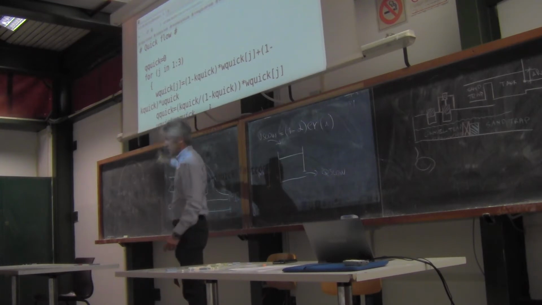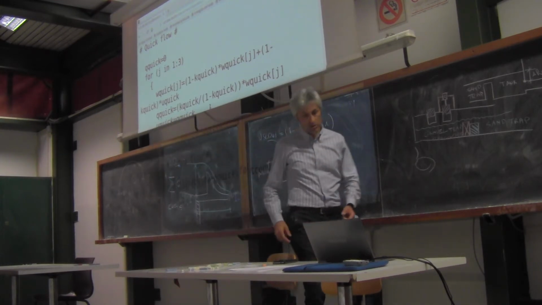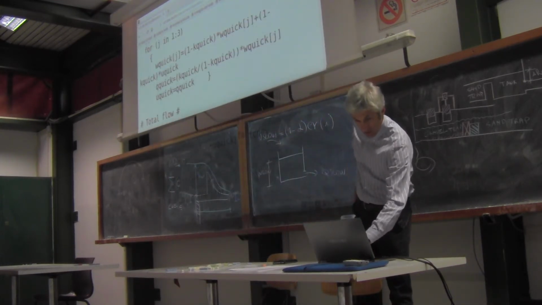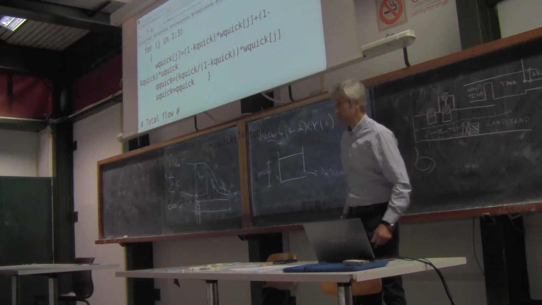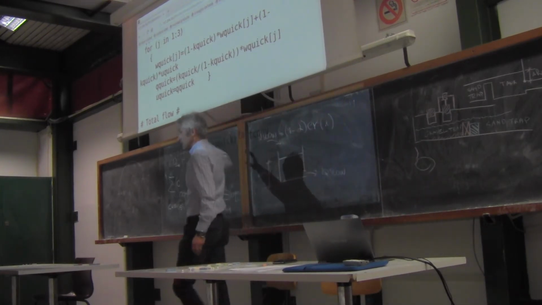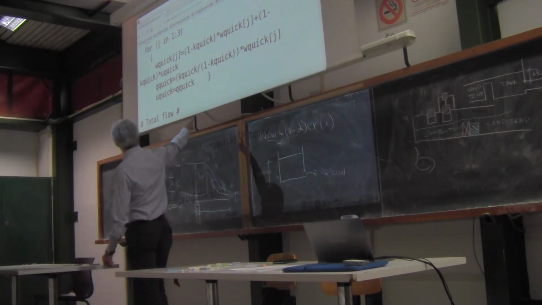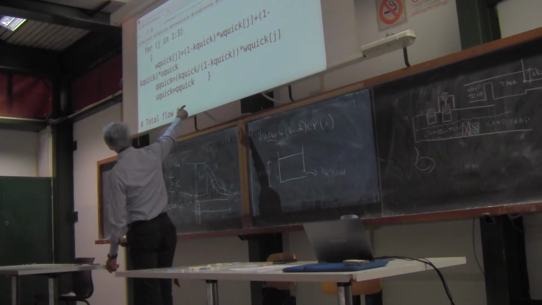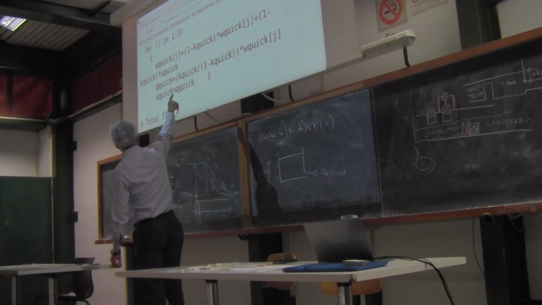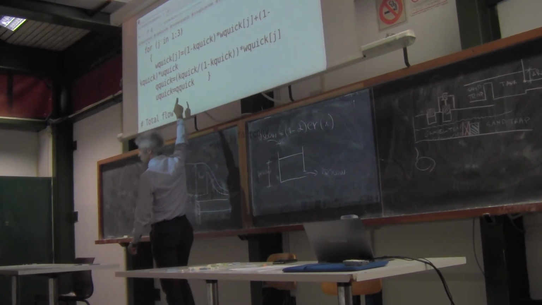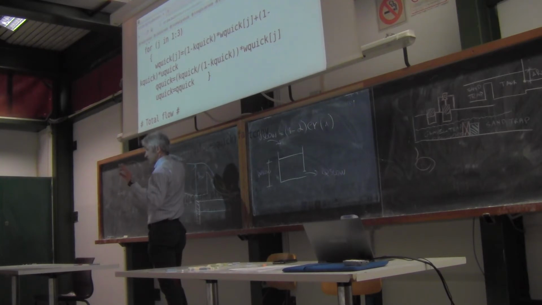And within this cycle, we use the same relationship that I used above, whose meaning we skipped, in order to compute the W quick and the Q quick, the outflow from each of the reservoir.